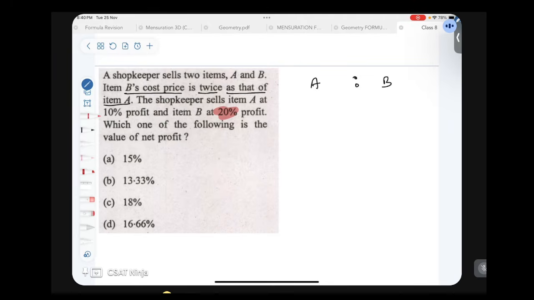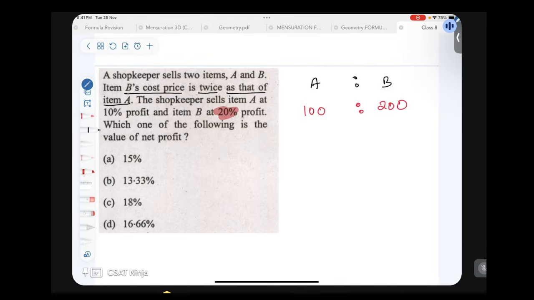So if I assume the cost price of A is 100, the cost price of B is twice of A. That means 2 times 100, which is 200. The price of A is 100, then the price of B is twice, which is 200. This is 1, then this will be 2. That's what twice means.